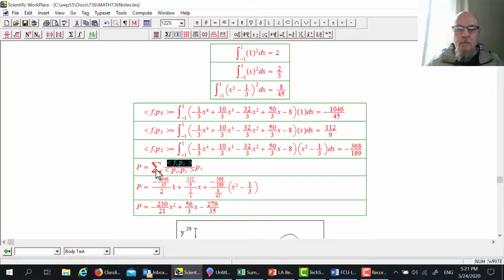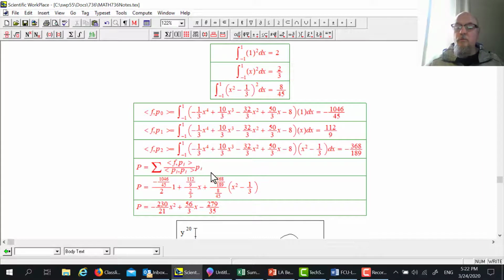So that's this number. It's a sum. So I have the dot product of our function against P naught divided by P naught dot product P naught, which we already made up here, that's this 2, times P naught. Next piece is for P1. I need our function dot product against P1, that's this 112 divided by 9, divided by P1 dot product P1, that's this 2/3, times P1.